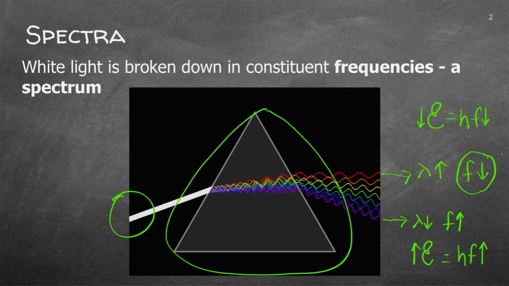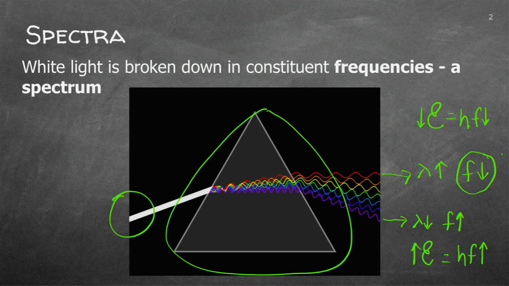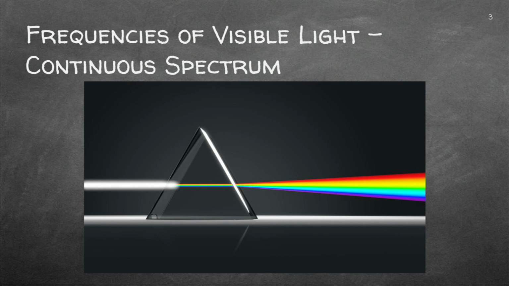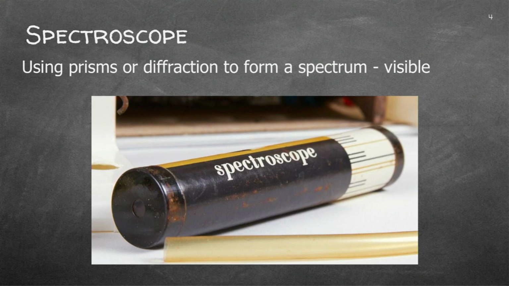So we use this specific characteristic of light in a few applications. Now, firstly, you can see visible light there, and it's a very small portion of our electromagnetic spectrum. We can use an instrument which we call a spectroscope. Now, this is a handheld spectroscope.